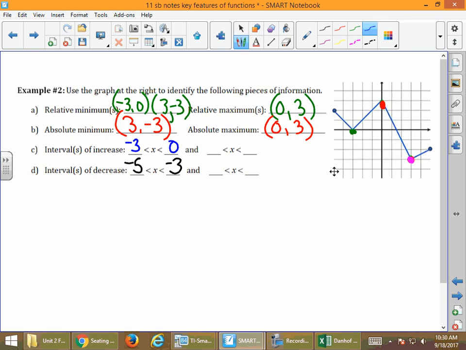Because now, from the red point to the purple point, we start going down. There's a decreasing value again. And when we decrease, we identify where it's decreasing by the x values of our ordered pairs: 0 to the x value of the purple point, which is 3.